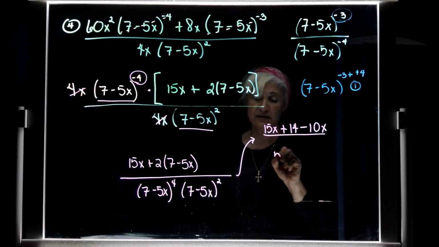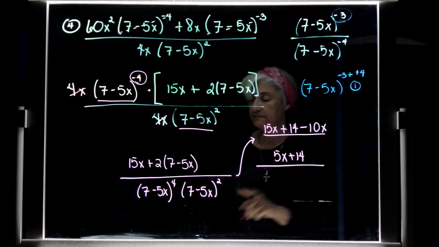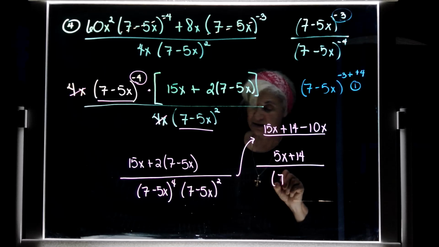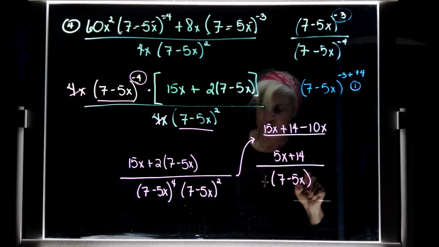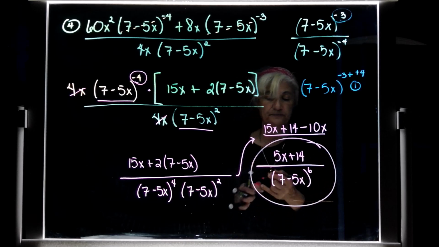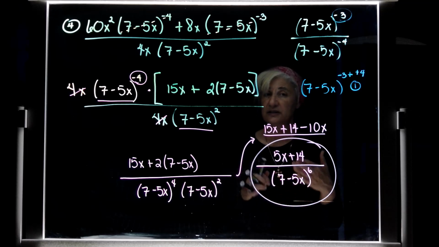That becomes 5x plus 14 over. Bases are the same. What are you going to do with these exponents? Good, you're going to add them. So 6. That's about all we can do, isn't it? Good? Does this make sense?